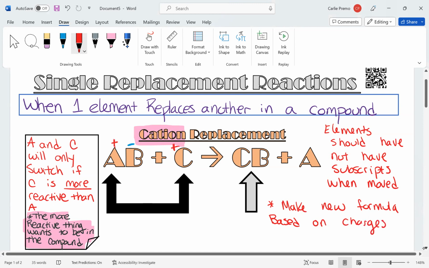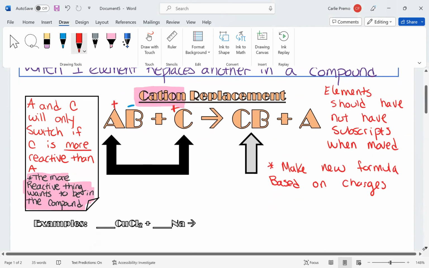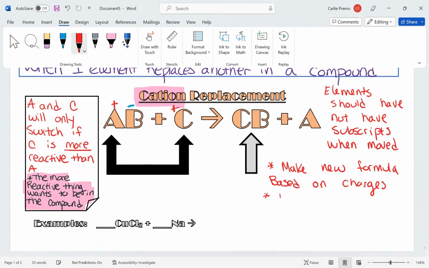So again, unless we have a polyatomic ion for B, there should be no subscripts that transfer over. The other small thing to note here, and this will come up more in our other type, is that if A is hydrogen, we will need to add the 2 because it's diatomic. That will not come up that often, but if we have an acid and the H is getting replaced, when the element ends up alone, it will need that 2 because it is diatomic.